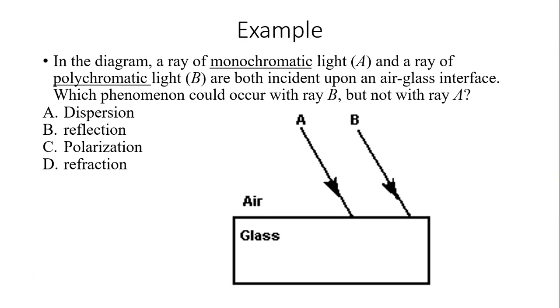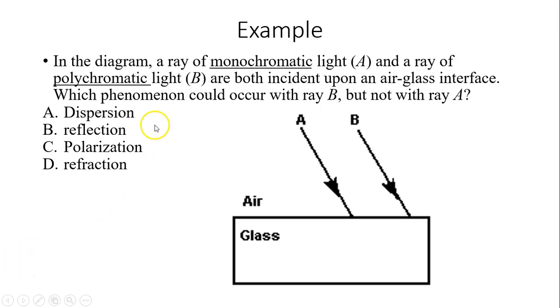First, in the diagram, a ray of monochromatic light and a ray of polychromatic light are both incident upon the air-glass interface. Which phenomenon could occur with ray B but not with ray A? Let's see what's the difference between B and A. One is polychromatic, meaning multicolored, the other is one color. So think about what the answer is.